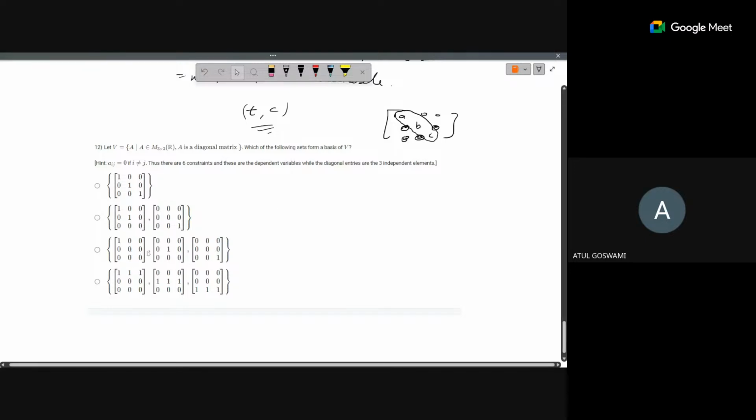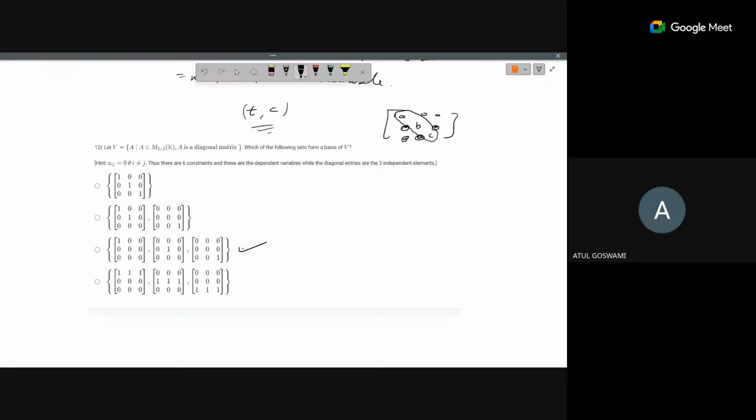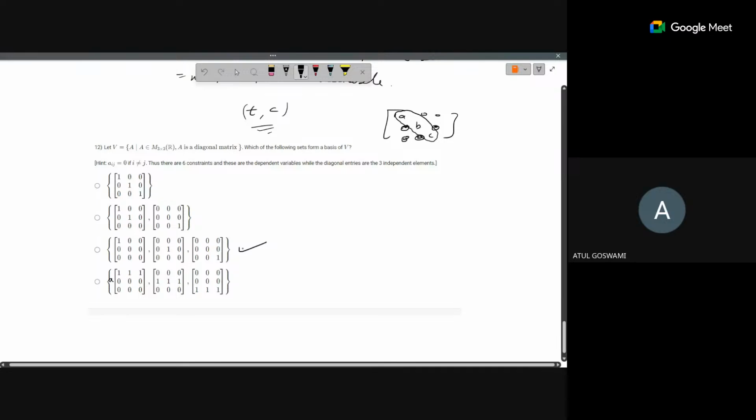So the third option is clearly true, and the fourth option is 111, 111, 111. We can take A, B, C and add them. What we'll get is A, A, A, B, B, B, C, C, C, right?